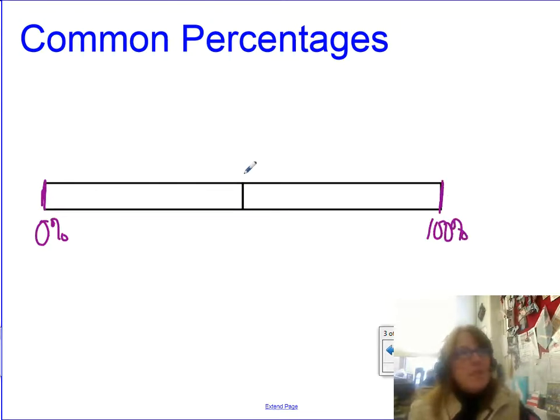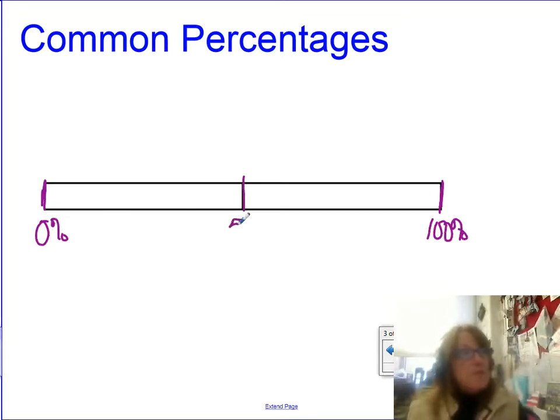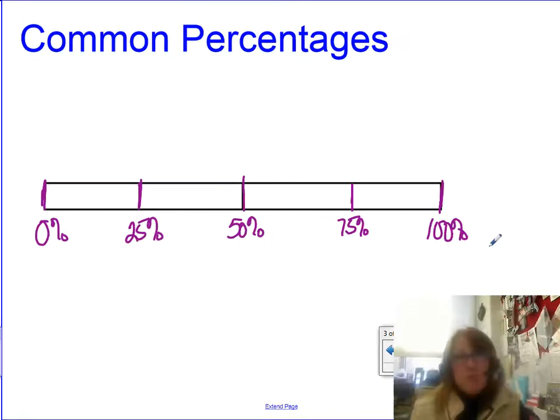Okay. Smack dab in the middle, right there is 50%. And then from here, halvesies, in between each one of these would be your 25% and your 75%. These ones really are the ones we'll base pretty much everything on, and I want you to have them boom, boom, boom, boom in your head.